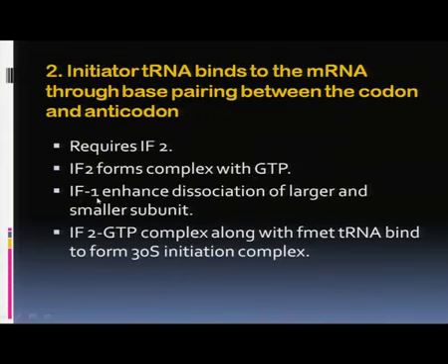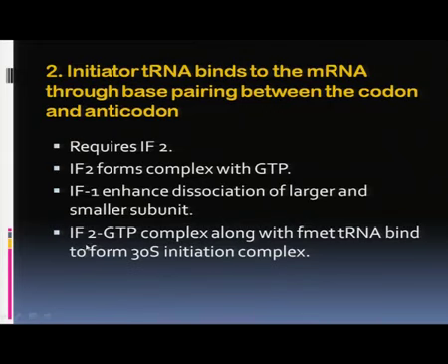IF1, that is initiation factor 1, enhances dissociation of the larger and smaller subunit. Initiation factor 2, when combined with GTP, will form the IF2-GTP complex, and along with formyl methionine transfer RNA binds to form the 30S initiation complex.